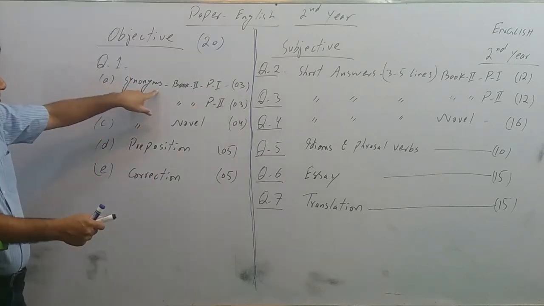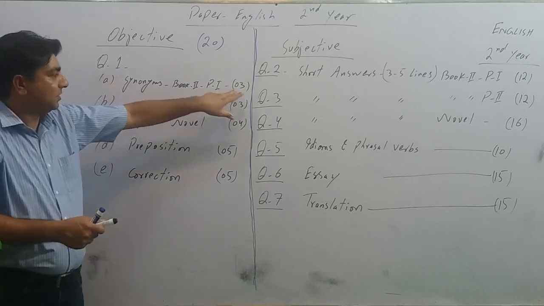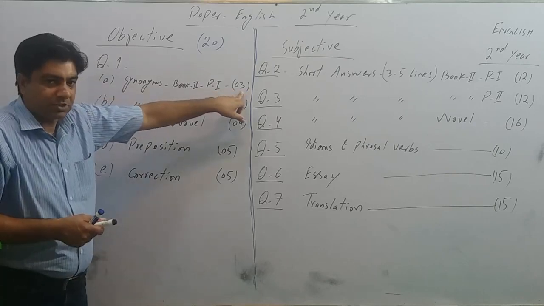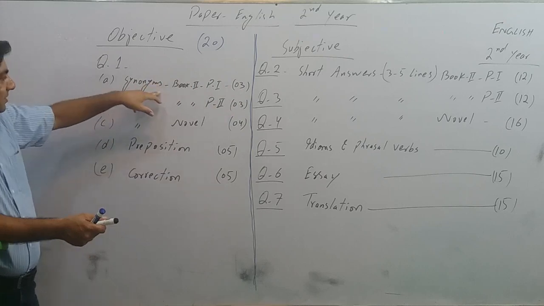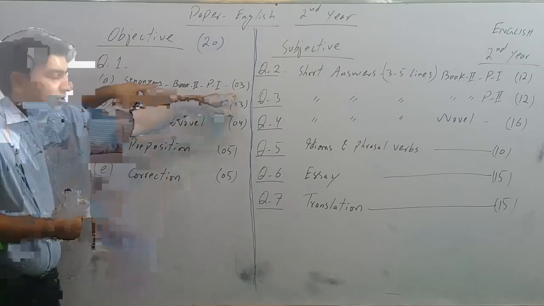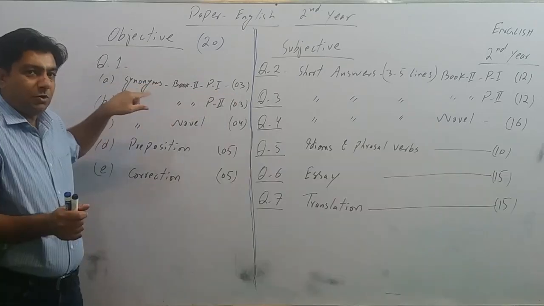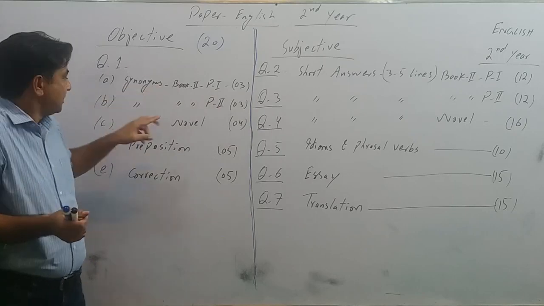Part 1 carries 3 sentences. Four are options, the correct synonym.